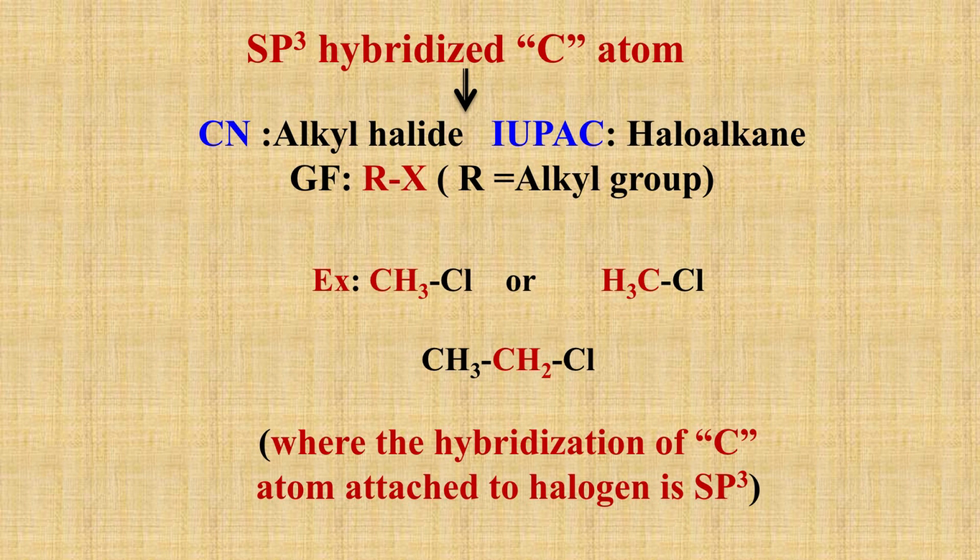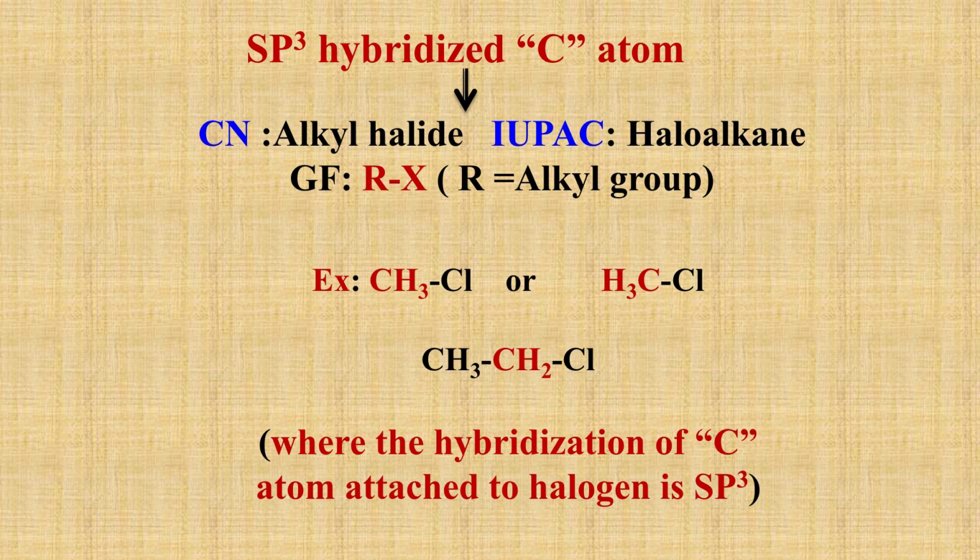R may be methyl, R may be ethyl, but see, methyl or ethyl, the carbon atom to which the X group or halogen is attached is sp3 hybridized. How do you know? Very simple. If a carbon is attached to 4 single bonds, the carbon atom is called sp3 hybridized.